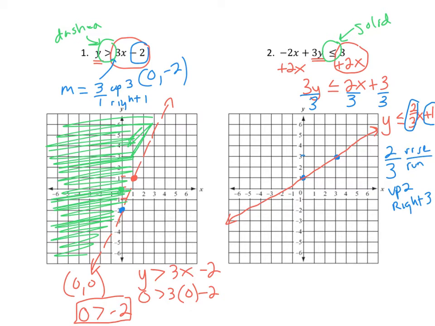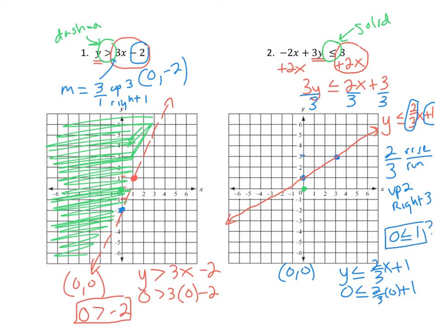So if I pick the origin again and sub in 0 for x, 0 for y for this equation, looks like I get 0 less than or equal to 2/3 times 0 plus 1, and so I get 0 less than or equal to 1 if I simplify that. So let's see if that's true. 0 is less than 1, and since that is true, I would shade that same side here. And that would be my answer for the second one.